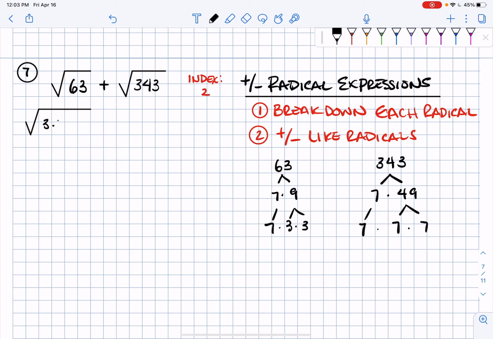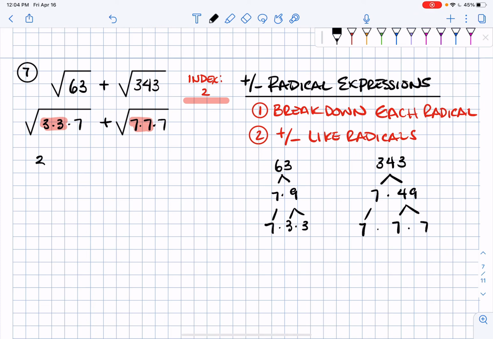Okay, so what I have here is the square root of 3 times 3 times 7 plus the square root of 7 times 7 times 7. Again, my index is a 2. So therefore, I'm looking for pairs. So if there's a pair and there's a pair, those come out.